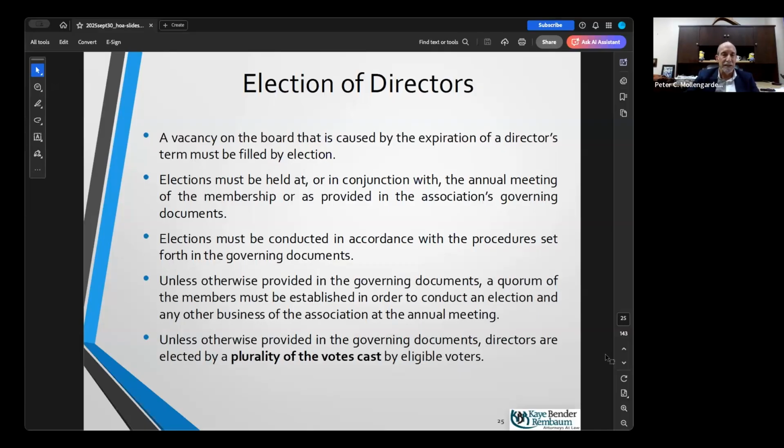That is not the case for an HOA election unless your bylaws provide for that. For an HOA election, absent something in your bylaws, you do have to have a quorum to conduct the election, except for limited circumstances that we'll talk about. Unless otherwise provided in your documents, directors are elected by a plurality of the votes cast. So it's not a majority of all, but it's who gets the most votes.